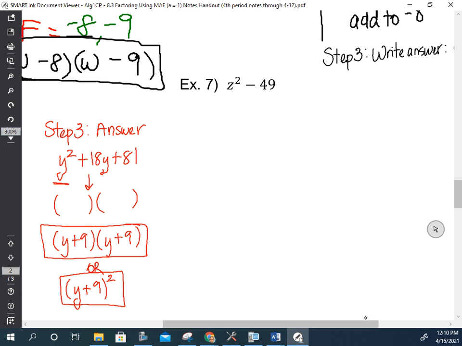So, example 7. z squared minus 49. How many terms do you see? You see 3 terms up there? The 2 is not a term, that's an exponent attached to the z. So, 1 term, 2 terms.